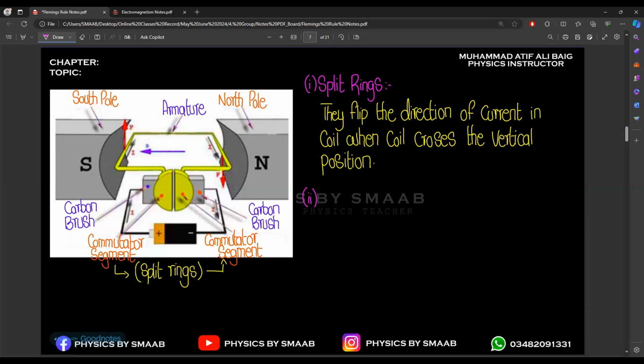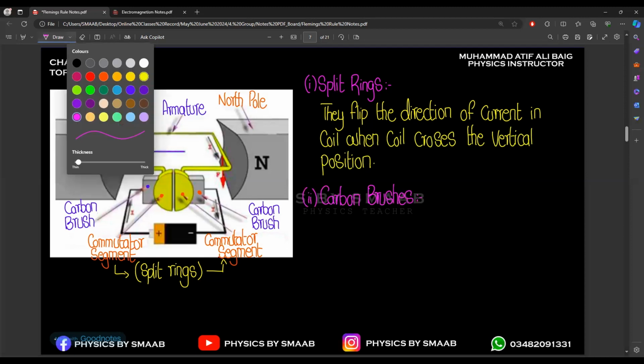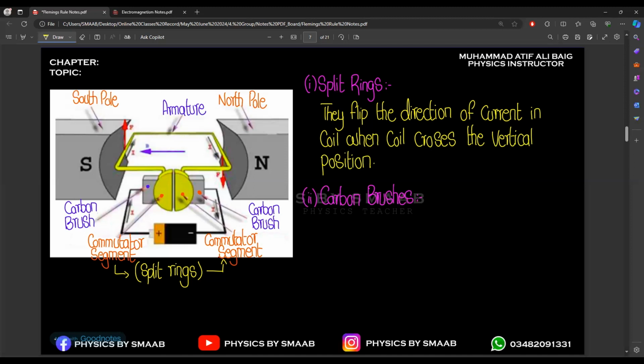And we know the armature is simply a coil. We know the magnet produces the magnetic field. We know the battery produces the electric current. And the second component, which is completely different, is called carbon brushes. Because in exams sometimes they ask what is meant by carbon brushes, what is meant by split ring.